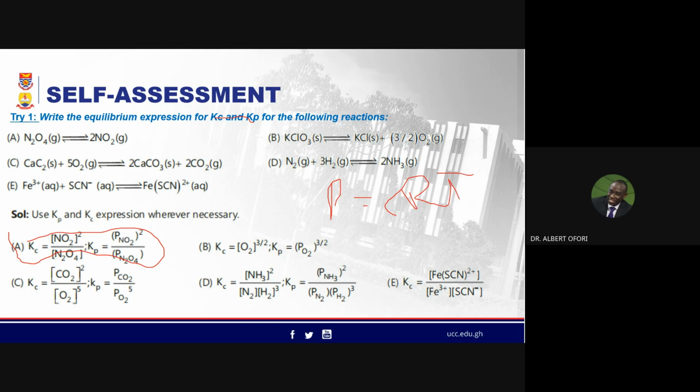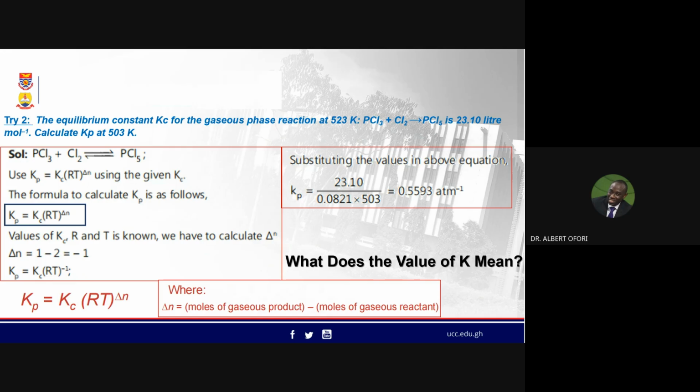So if I want C, it's just going to be pressure divided by RT. So in each case, the RT component must be taken into account. So there can be a relationship between the Kc and the Kp, but we'll look at it later.